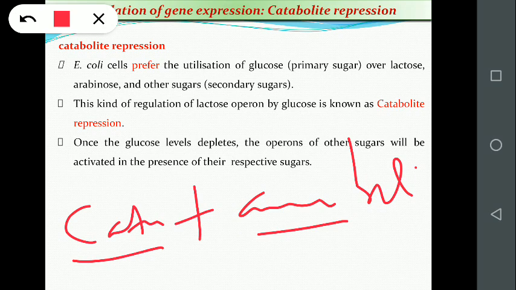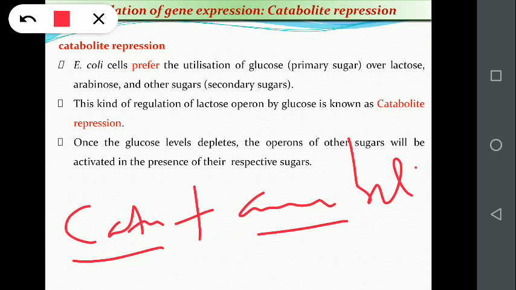So here catabolite means anything that undergoes breakdown. If the organism takes some material from the outside as a food material, then it becomes a catabolite.